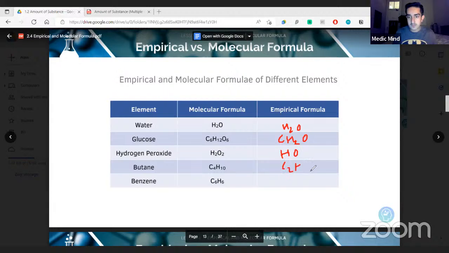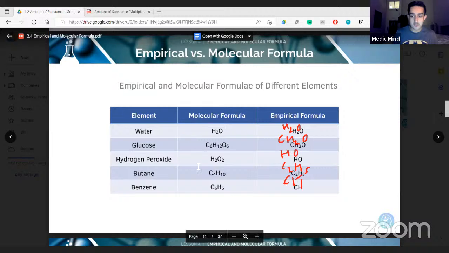C2H5, because if you multiply that by 2, you get C4H10. But if you divide that by 2, you can get a whole number. And CH for benzene, because again, if you times that by 6, you get the full molecular formula.